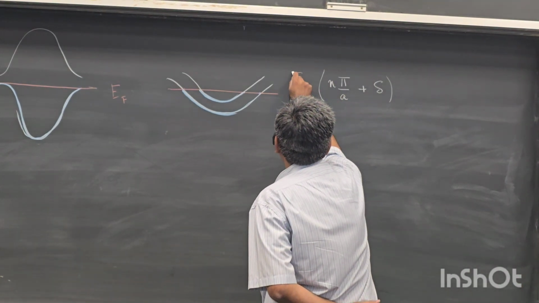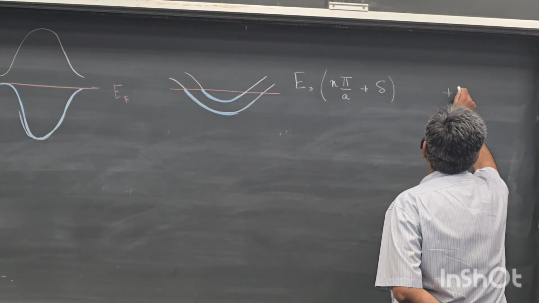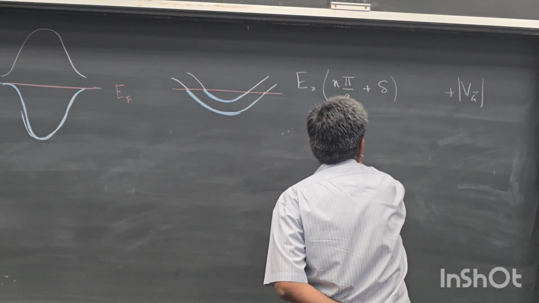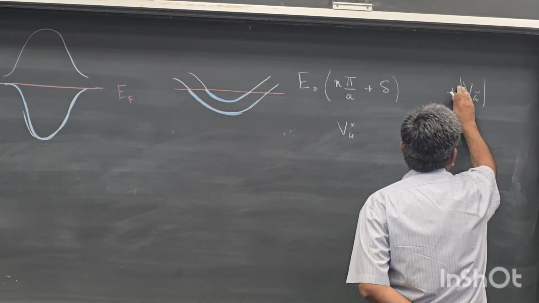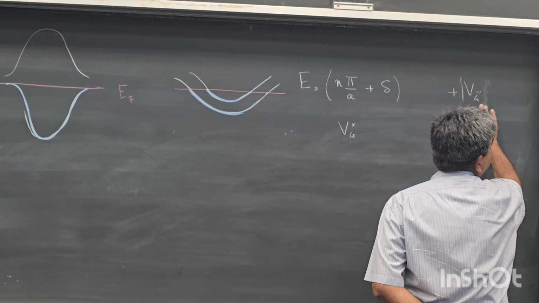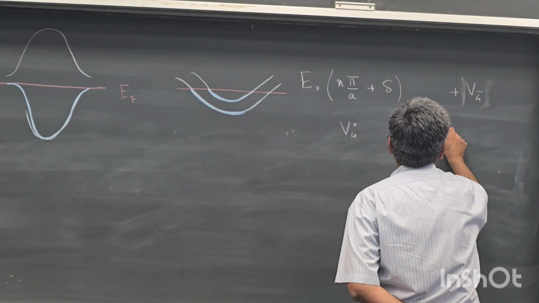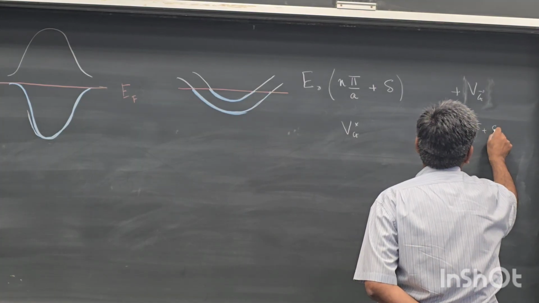So the secular equation will become E naught at n pi over a plus delta, plus Vg star, E naught computed at minus n pi over a plus delta, where delta is a small number.